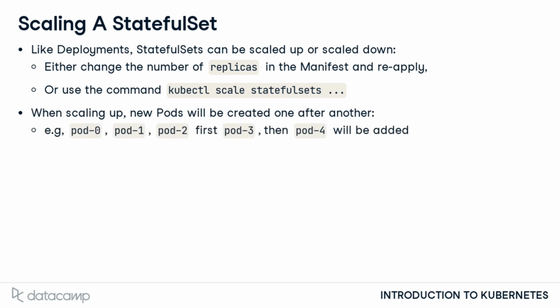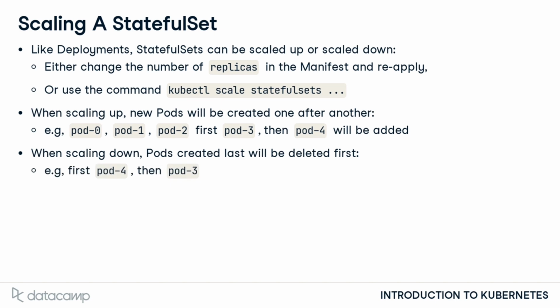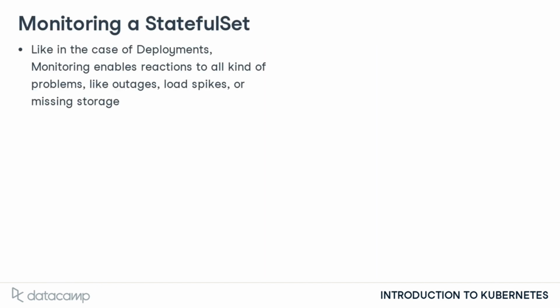For example, if our existing pods are pod-0, pod-1, pod-2, then first pod-3, then pod-4 will be added to the set. When scaling down, the pods created last will be deleted first. For example, from our set of pods, pod-4, then pod-3 will be removed first.